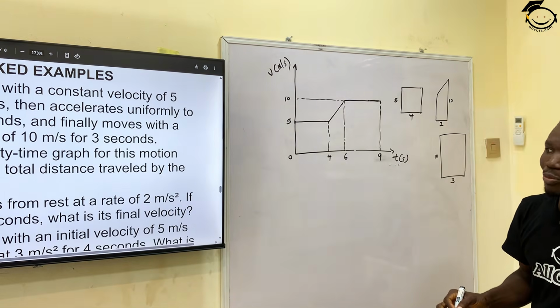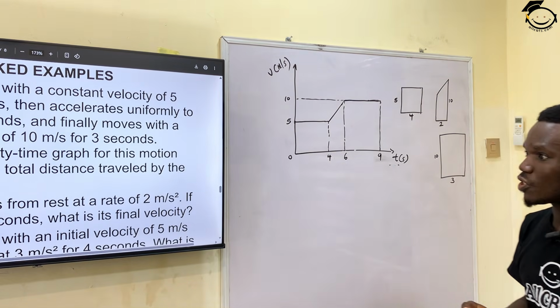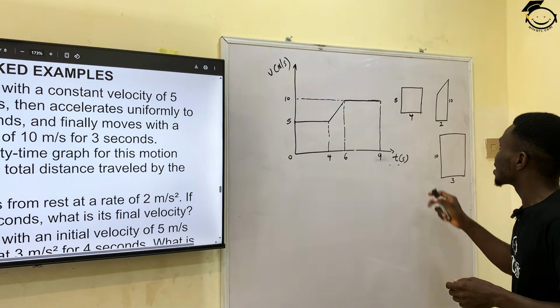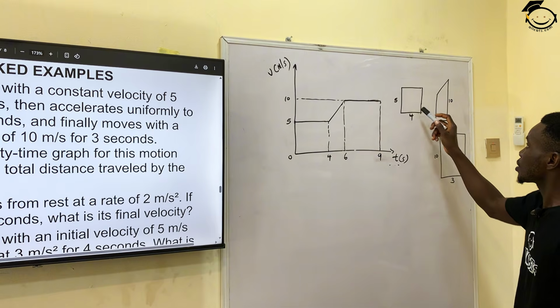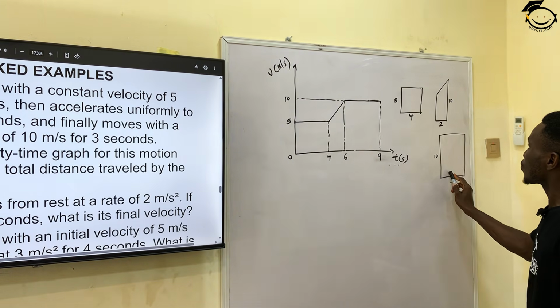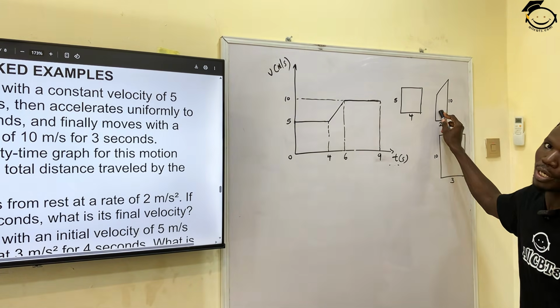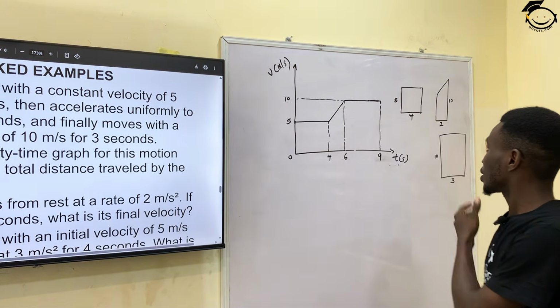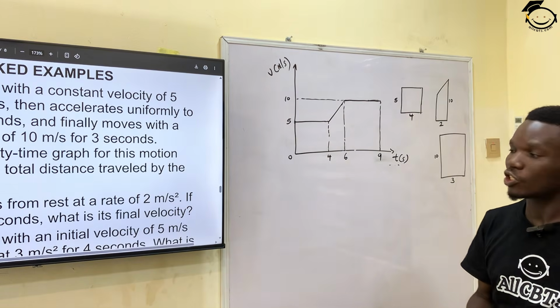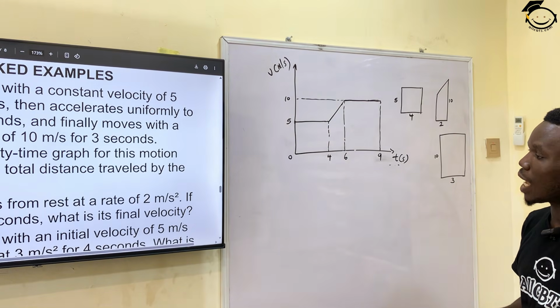For us to calculate our total distance traveled, we have to calculate the area of each one of these shapes. Looking at this, this is a rectangle, this is a rectangle, and this is a trapezium. So we're going to use the formula for the two rectangles and also for the trapezium to calculate my total distance traveled.